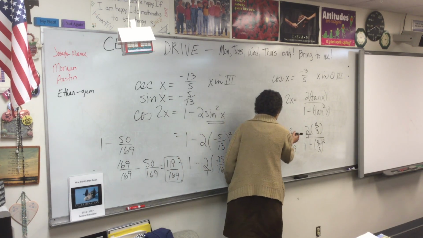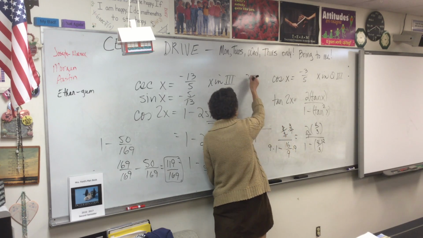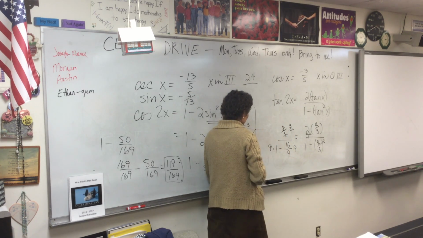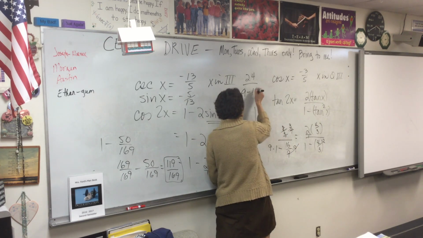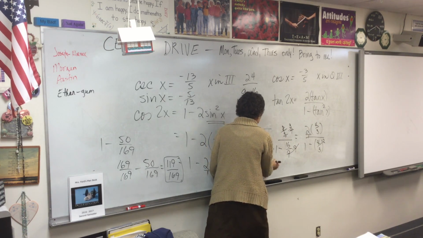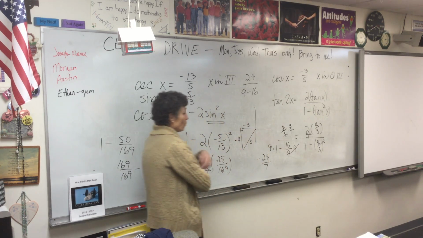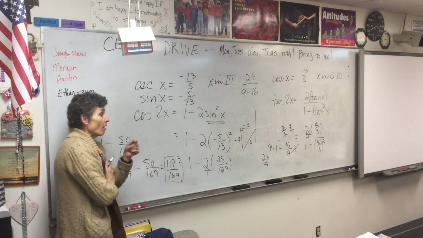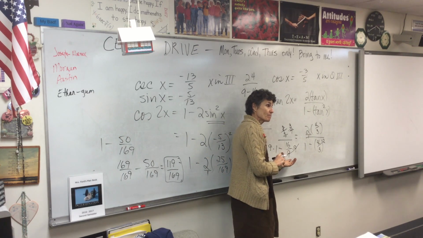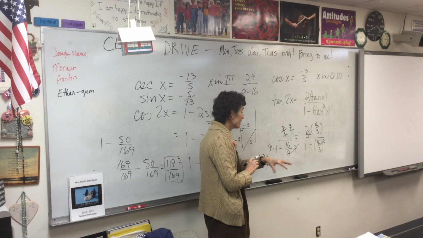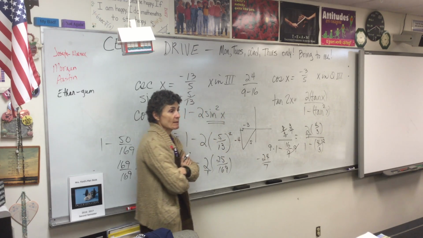So my 3 is going to cancel, and I'm left with 24 on the top, and 9 minus 16 on the bottom, so my answer is negative 24/7. Now, if you clean it up a different way, if you get a common denominator down here, and then multiply, you should get exactly the same answer that I get.